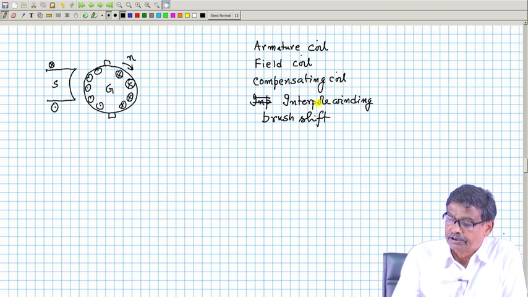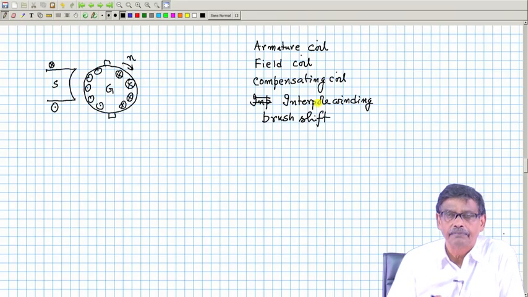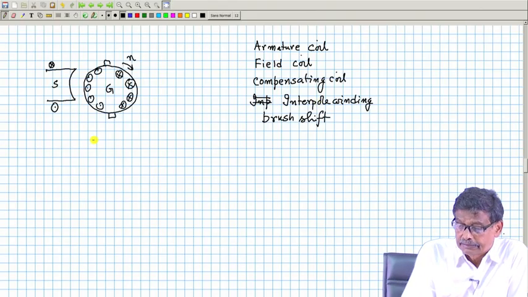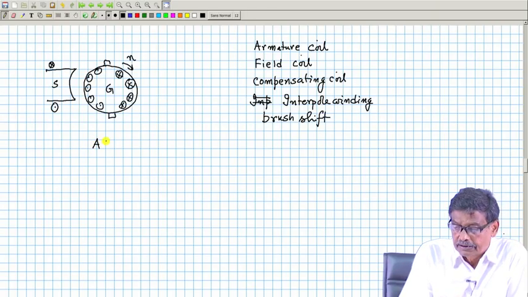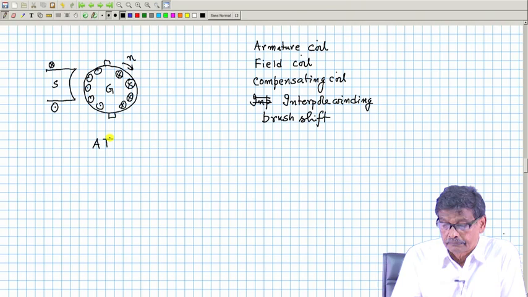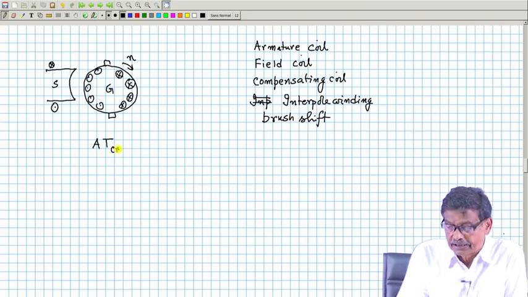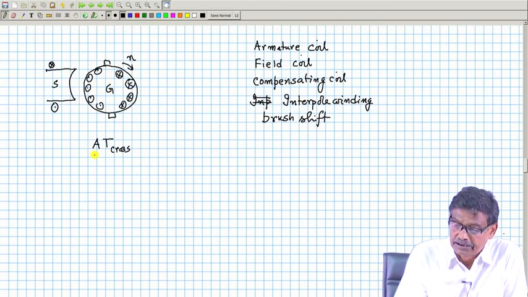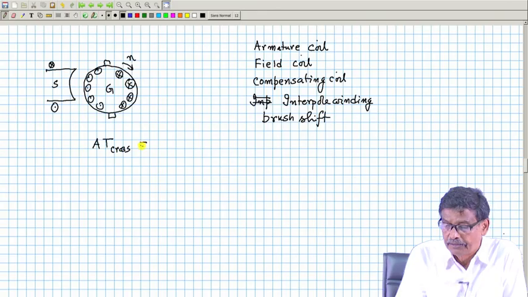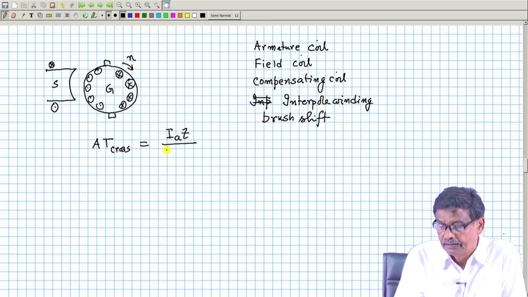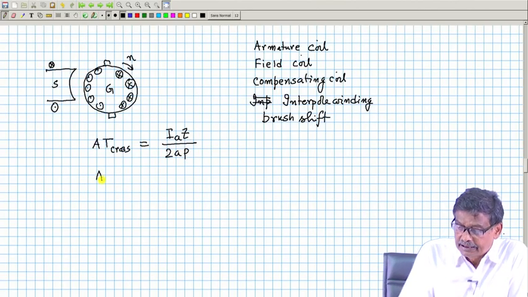Now, let us first consider only the armature coil and field coil, nothing else. In this case, there will be only ampere turns which are cross magnetizing, because the flux will be the armature ampere turns cross magnetizing field, and we have seen it is equal to I A Z by 2 A P. AT demagnetizing is 0.